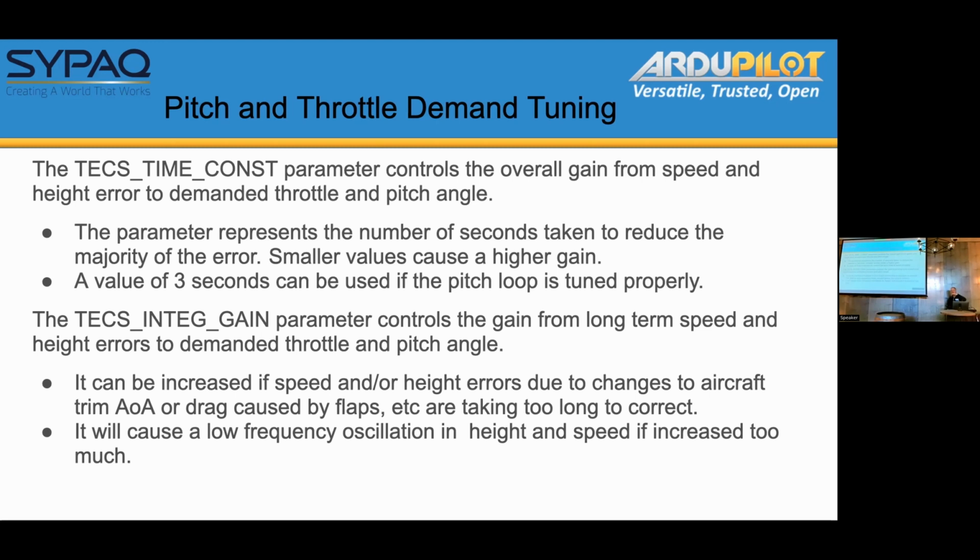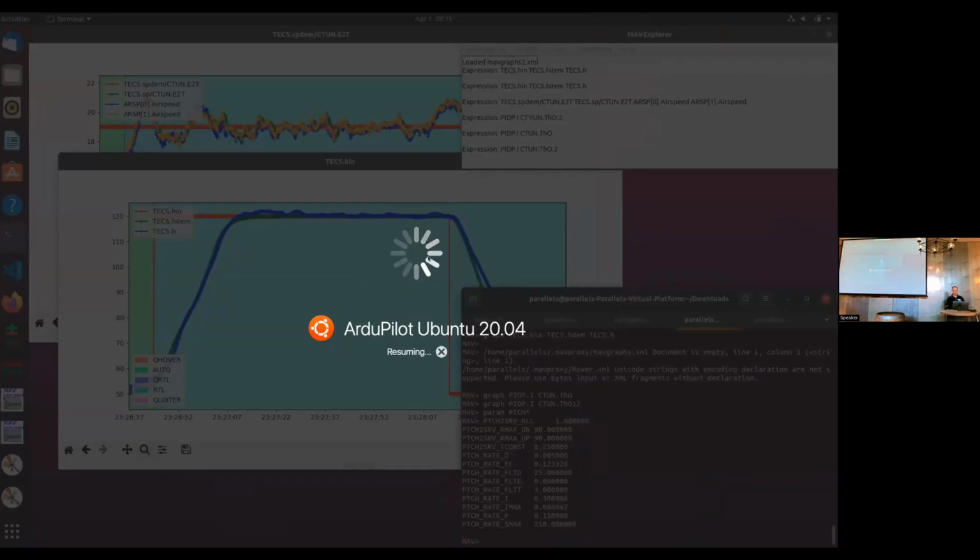So the height demand going into TECS will go from, say, 50 metres to 100 in a step, which means that TECS will try to climb, or descend, at its maximum rate. If you try to do that by putting waypoints and joining them up to do climbs and descents, by default, it will just try to follow the profile between the waypoints. So I thought I'd show you an example of a settle test.